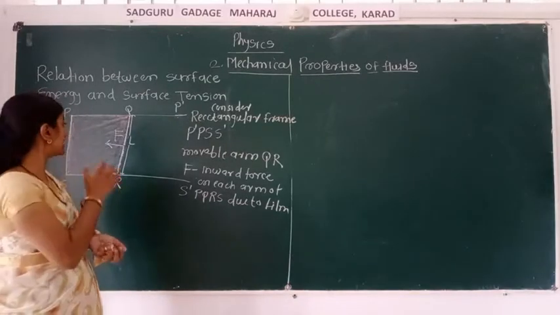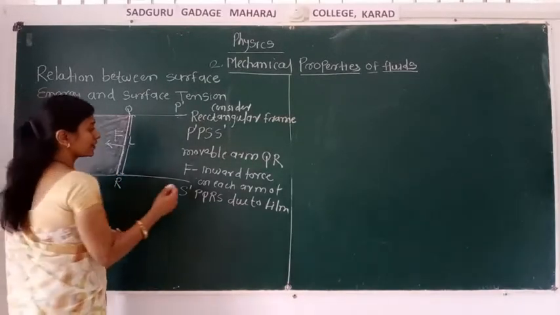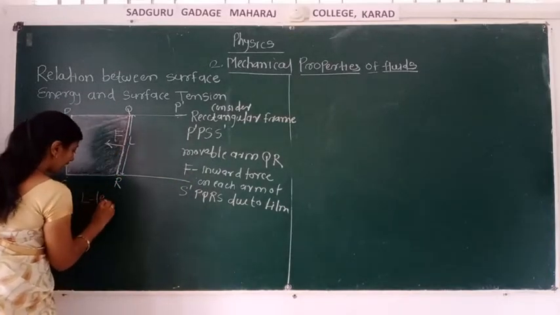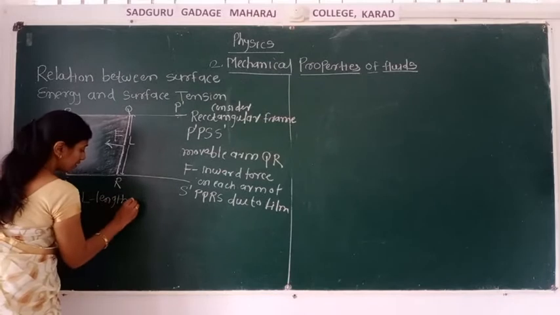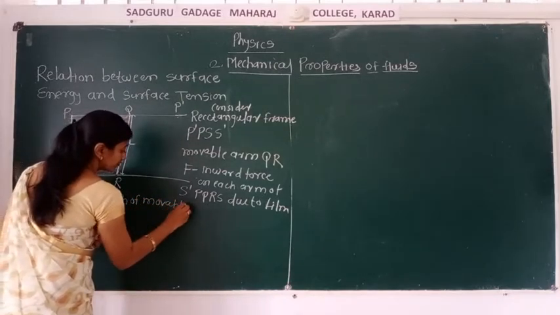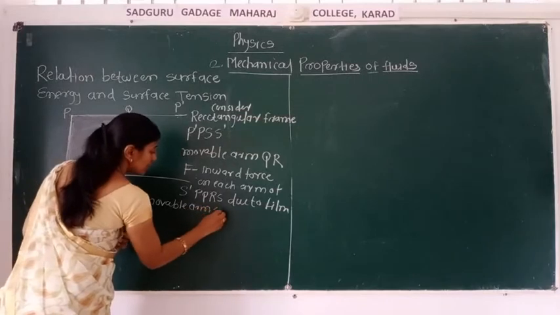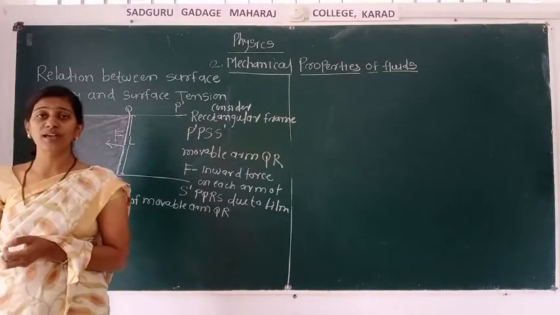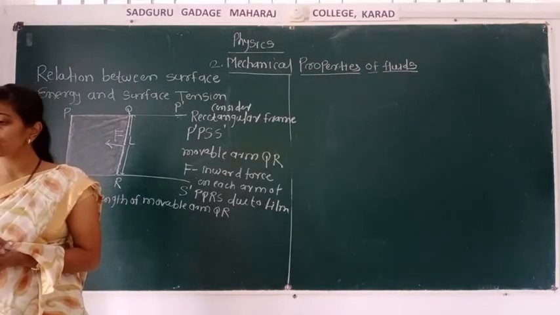Now L is the length of that QR. Let me write here, L, length of the movable arm. The name of that arm is QR. Now what happened? The film is formed here, and force is present here, so here we are getting the surface tension.